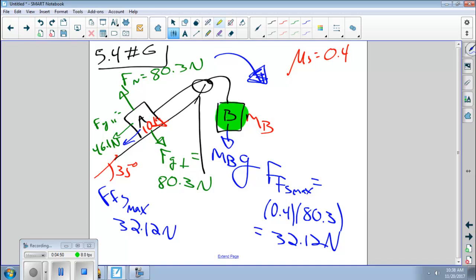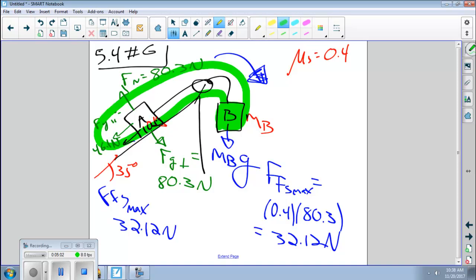I would start by considering this whole system, right? Which now I've started coloring, I gotta finish it. So there's my system, and there are only 3 external forces: gravity on B, parallel gravity, and friction. And those forces have to add up to 0, right?